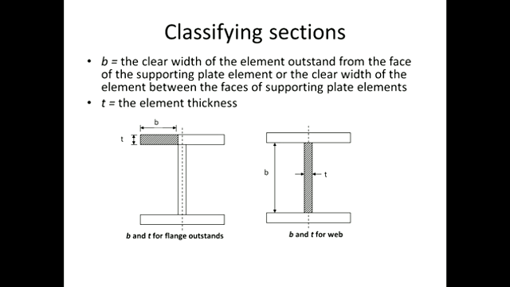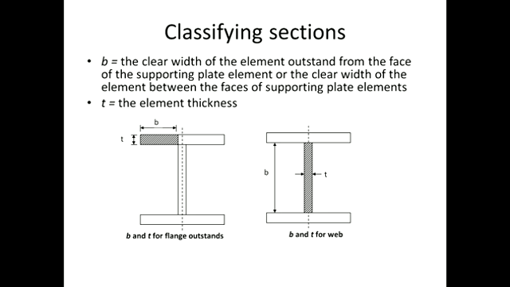So that will be our value of B. Sometimes, depending on the type of section that we have, we can also have a definition of B based on other dimensions.